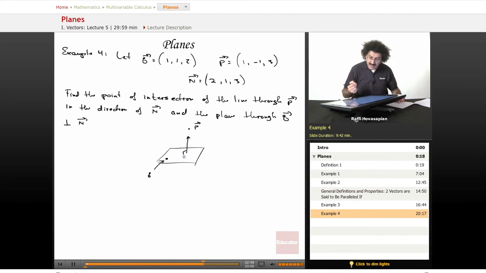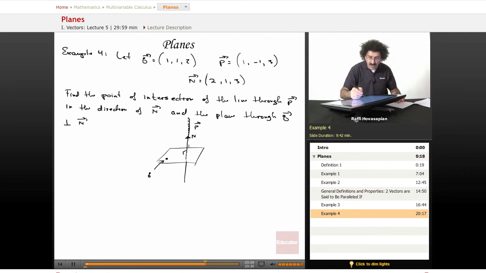So N is like that. And this line that passes through P is in the direction of N, and we'll call this vector N.